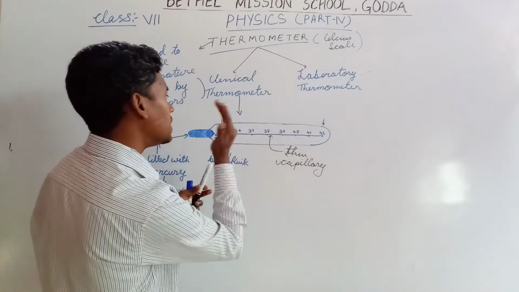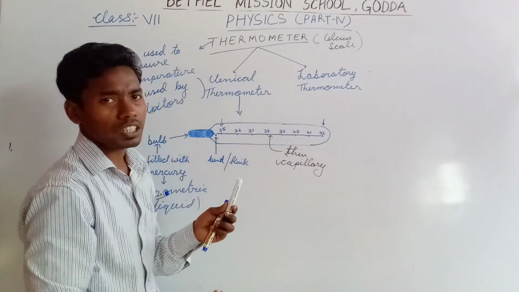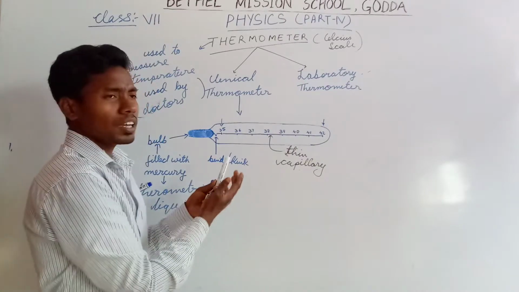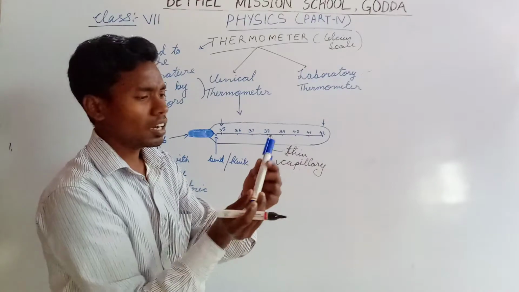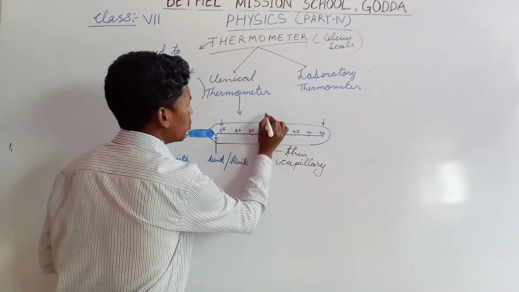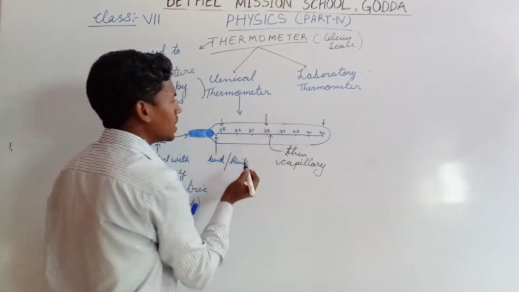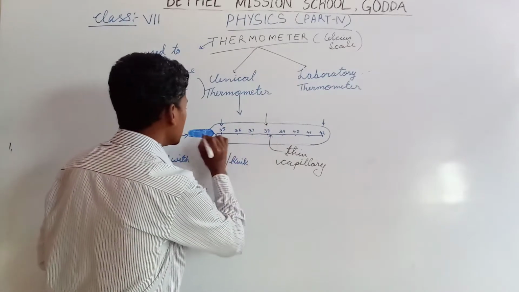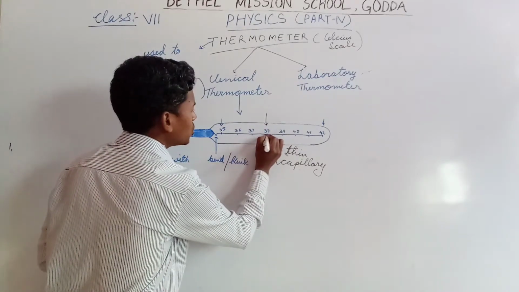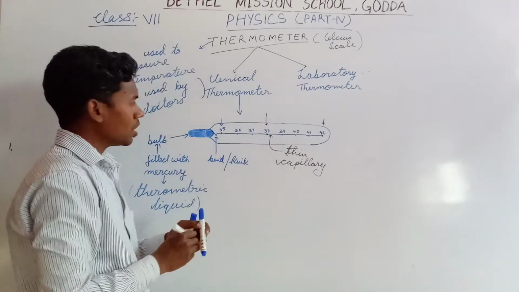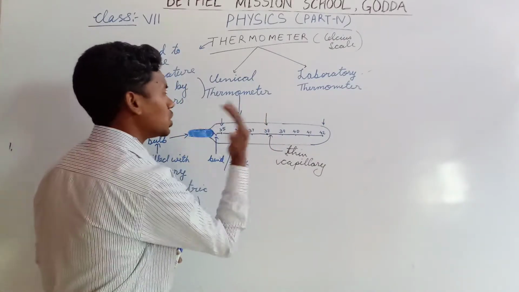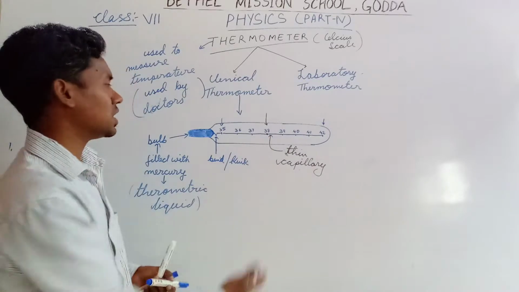We can see that through our eyes, and we get our reading. Let us say I heated this mercury up to a temperature of 38 degrees C. The mercury will reach up to this point, and we can see through our eyes that my body temperature is 38 degree centigrade.